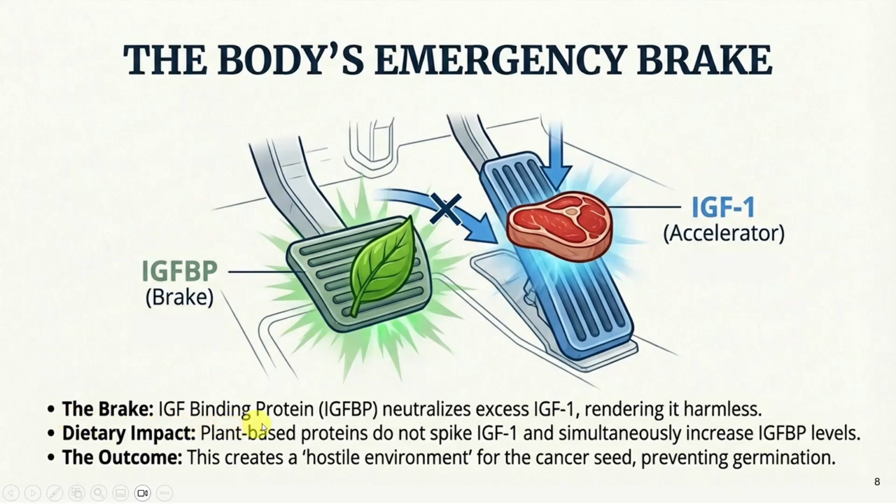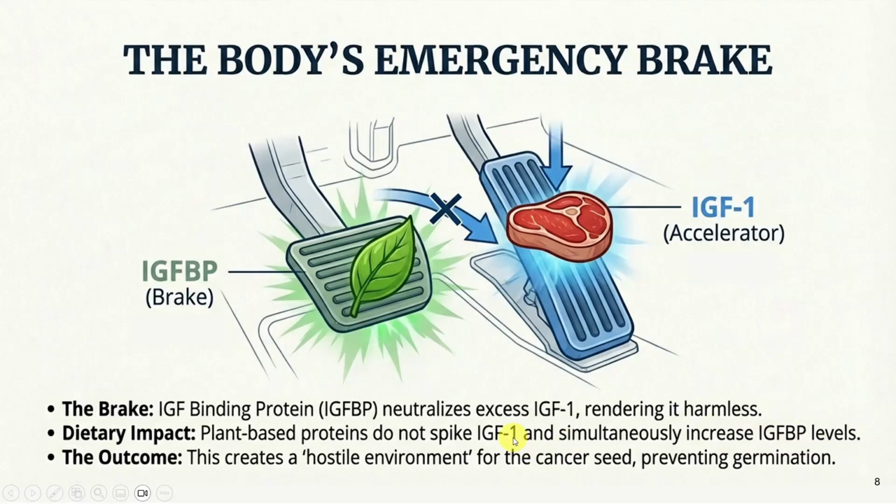The brake is IGF binding protein, IGF-BP, which neutralizes excess IGF-1, rendering it harmless. This is huge. The dietary impact is that plant-based proteins do not spike IGF-1 and simultaneously increase IGF-BP levels.